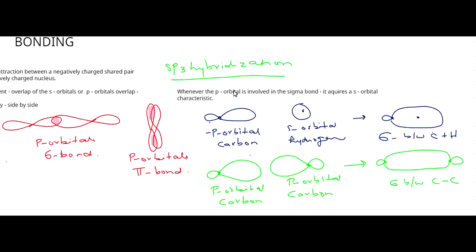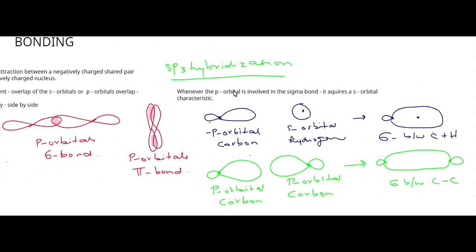So what actually happens is that this is something that happens naturally. When the p orbital is involved in a sigma bond, it will acquire an s orbital characteristic. How does that actually happen?